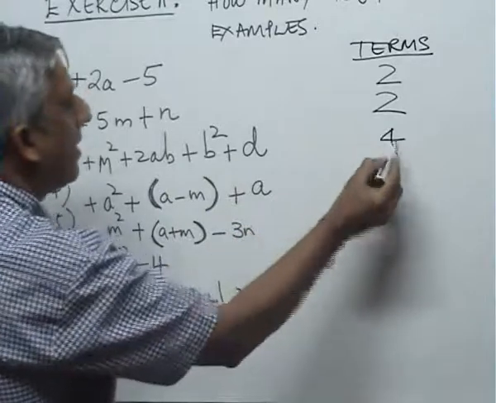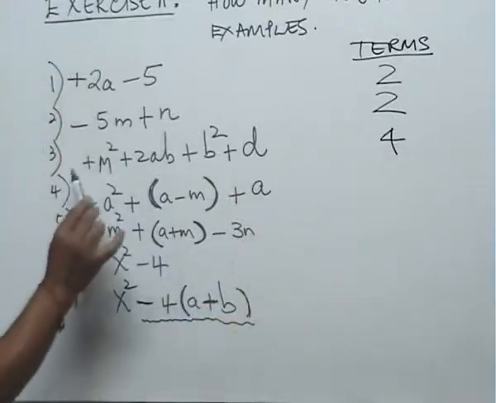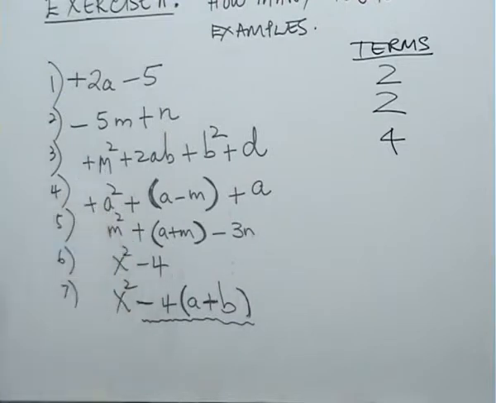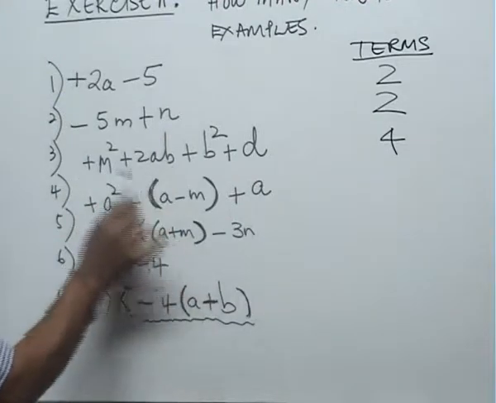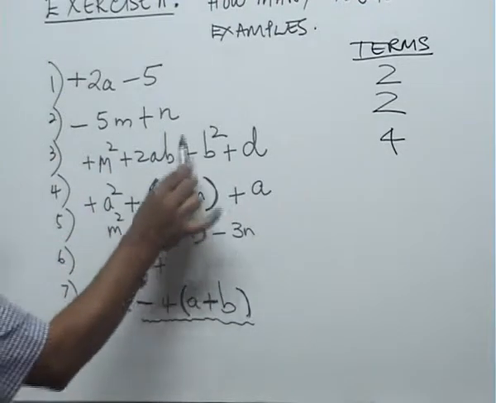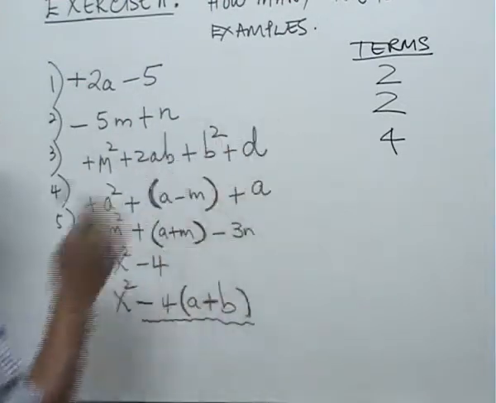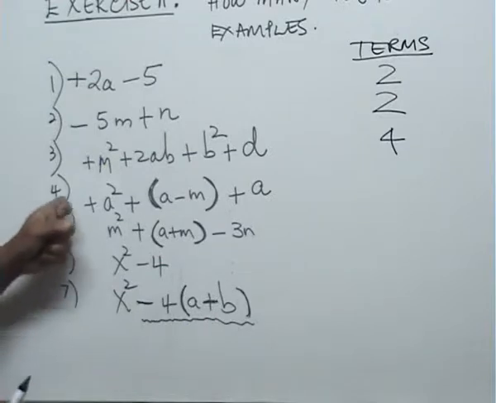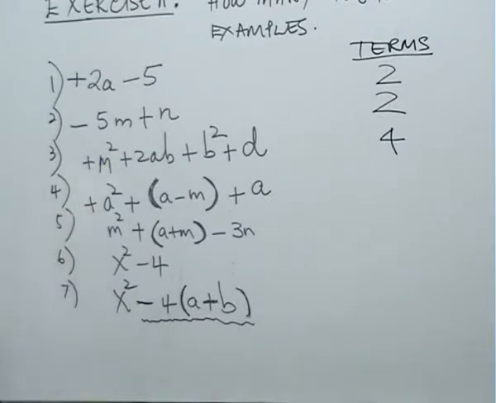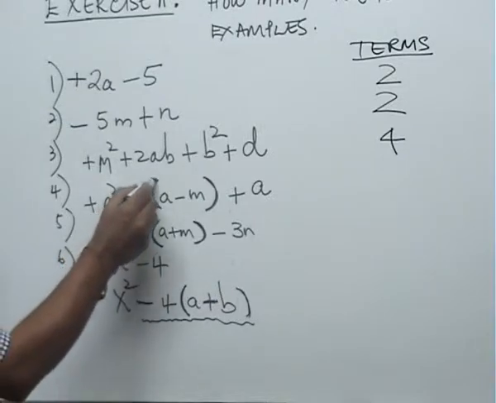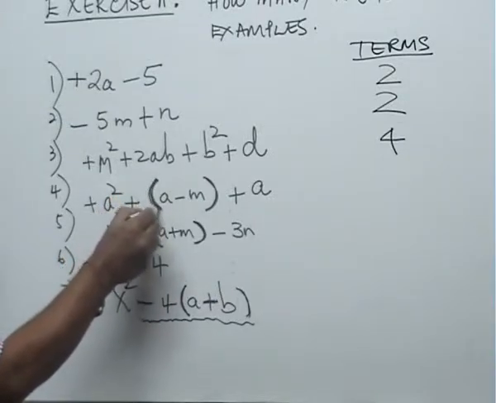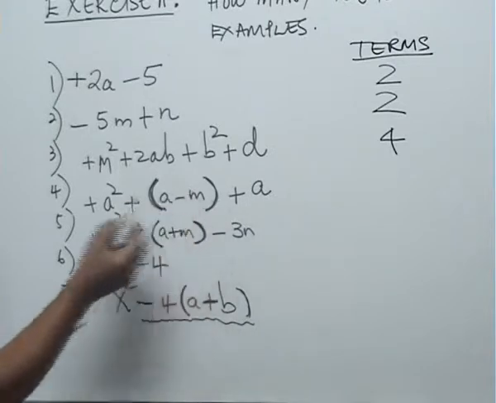The answer is 4. But it's nice to understand it thoroughly that look, plus m squared is one term, plus 2ab is another term, plus b squared is another term, plus d is another term, so there's 4 terms. Now when it comes to number 4, you've got to be sharp and you've got to remember that whatever is in the bracket is considered one term.